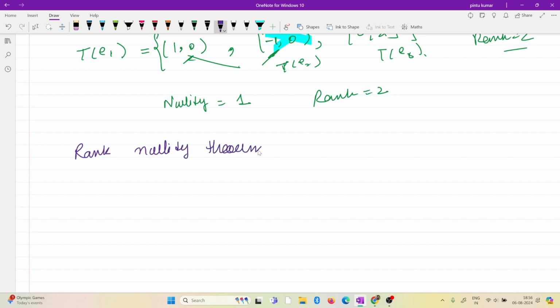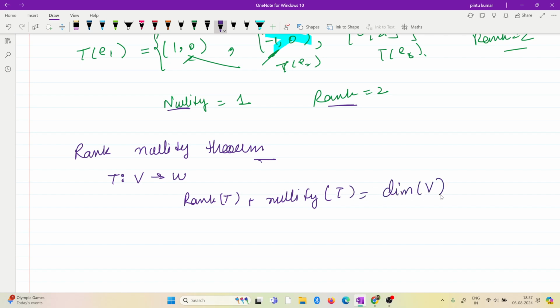If you calculate one of rank or nullity, you can obtain the other via this theorem. Let's say you have a linear transformation from V to W. What this says is your rank of T plus your nullity of T is equal to the dimension of V.